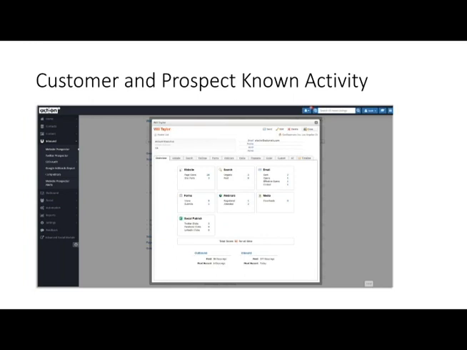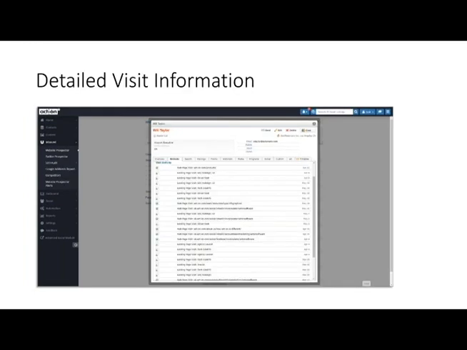We had no idea who he was, but at some point he gave us some information about himself by filling out a form, or we sent out an email off a list that we may have bought, and he clicked into it. All his previous activity that was heretofore unknown is now associated, and we can drill into very detailed bits of information. Where has he been on our website? What type of email is he looking at? How is he interacting? How is he telling us that he is warmed up enough to actually be ready?